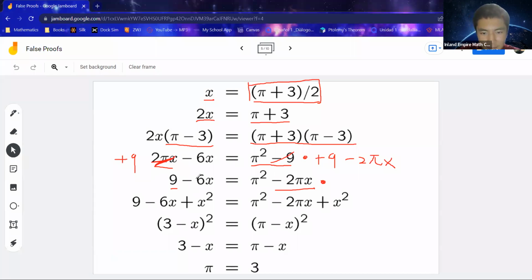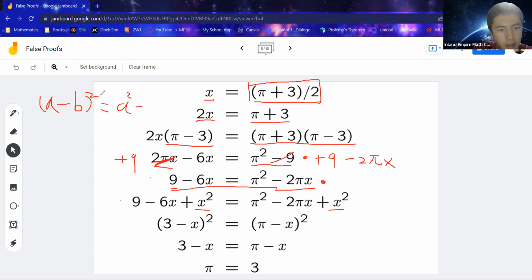Okay, continuing here. To go from this line to this line, we add x squared to both sides. And then using the factorization which we have used many, many times in this one meeting, a minus b squared equals a squared minus 2ab plus b squared, these two expressions become these two expressions.